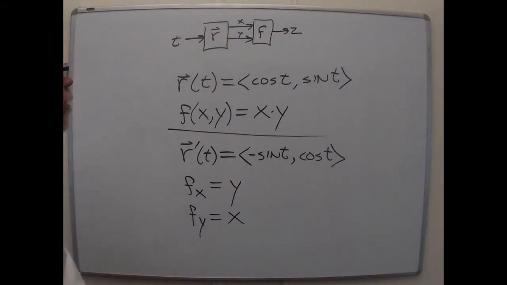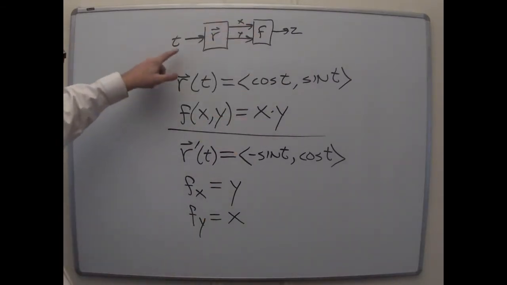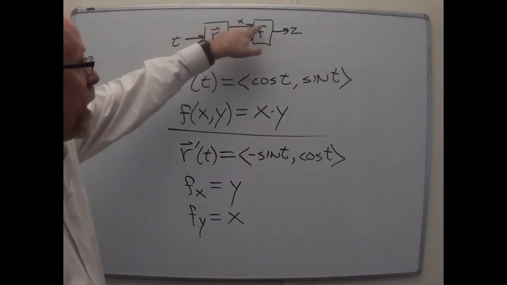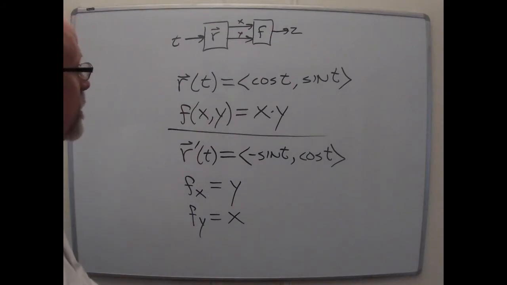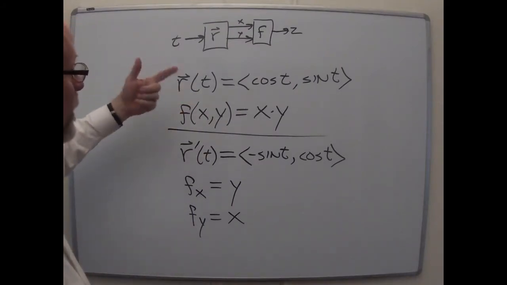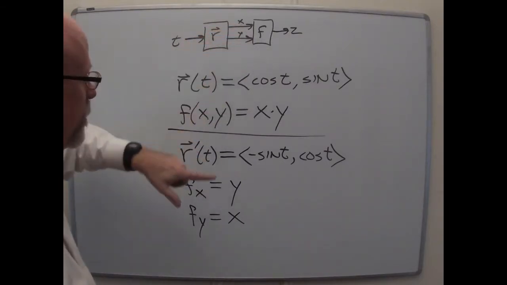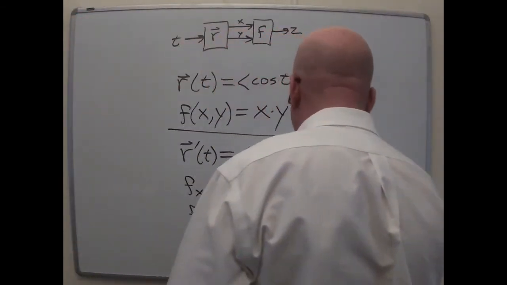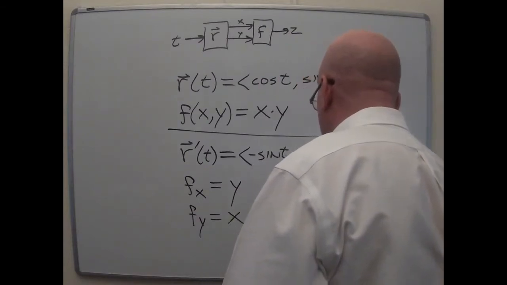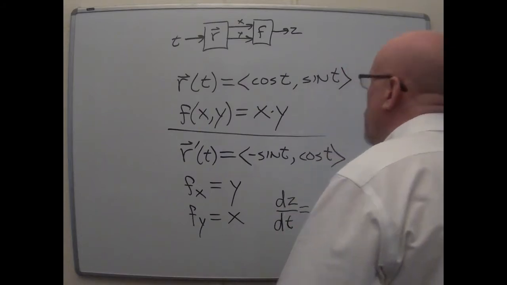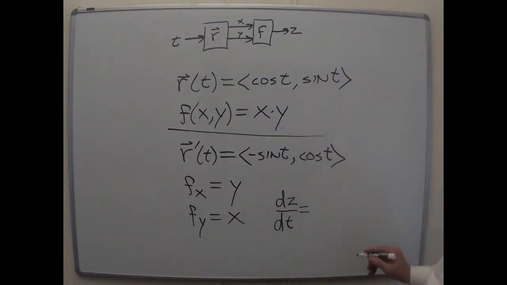All right, so let me do this via my paths through the diagram bit. There's a way in which t influences z by passing through x. And the derivatives that are needed for that piece are the x-coordinate of r's derivative. That's what we're going to find here, dz dt, but I'm breaking it up into these two pieces.